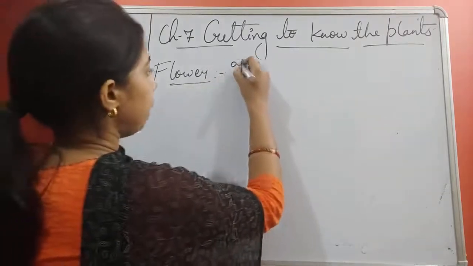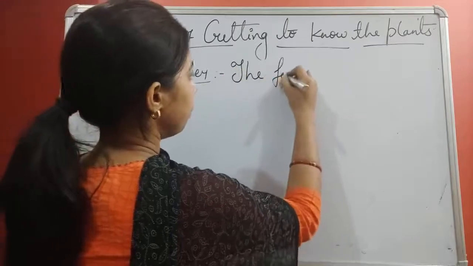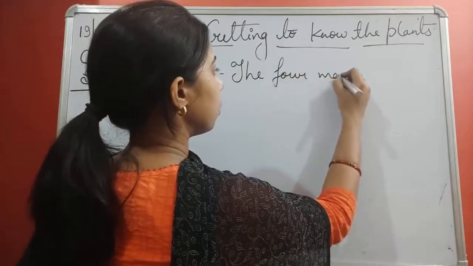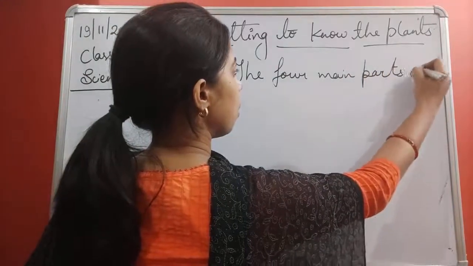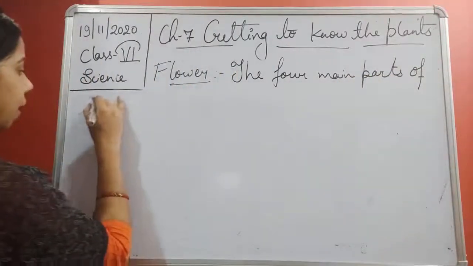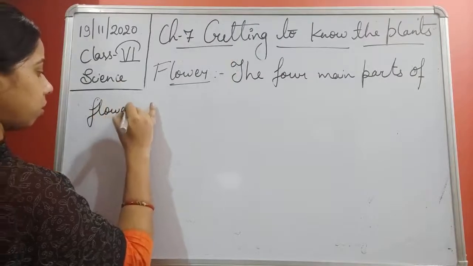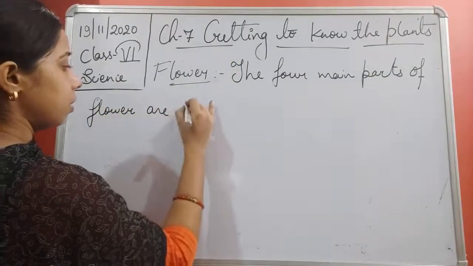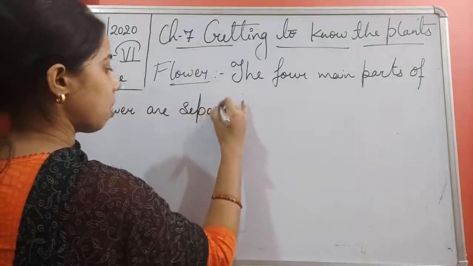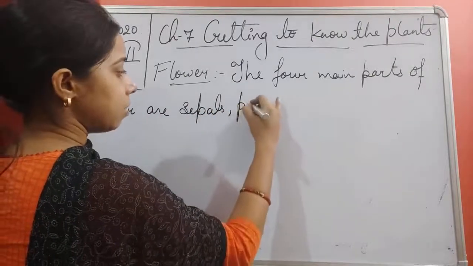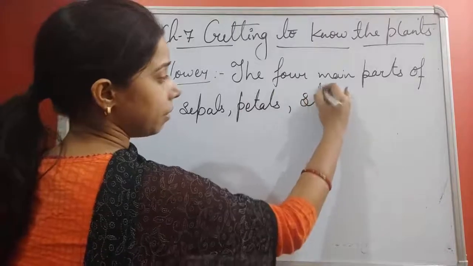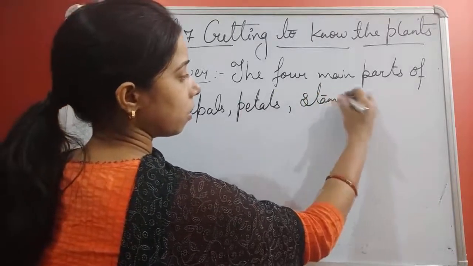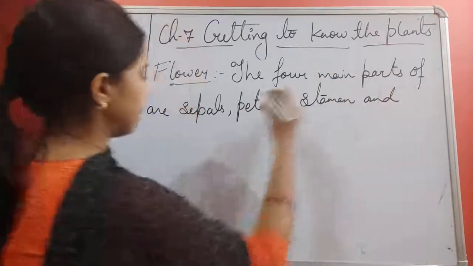The four main parts of the flower are sepals, petals, stamen, and pistil.